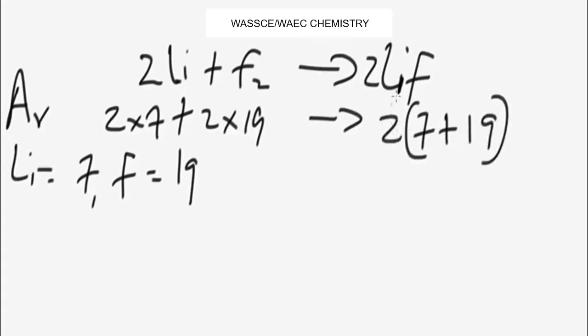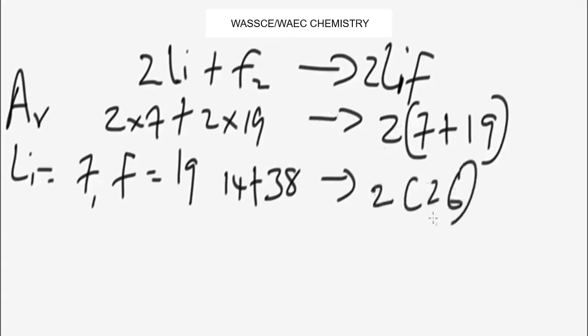So that's everything with these 2 here. When you break this down on the left, 2 times 7 gives us 14, plus 19 times 2 gives us 38. On the right, 7 plus 19 gives us 26, so we have 2 times 26.